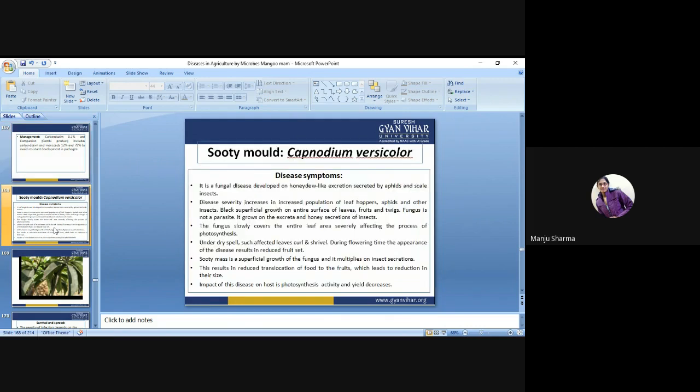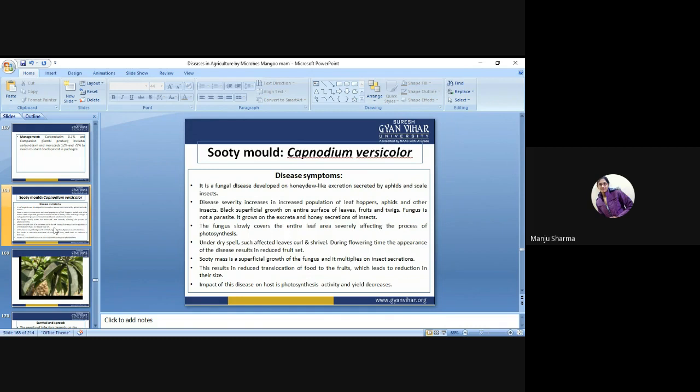Sooty mold disease, caused by Capnodium versicolor. The disease symptom: it is a fungal disease developed on honeydew-like excretion secreted by aphids and scale insects.